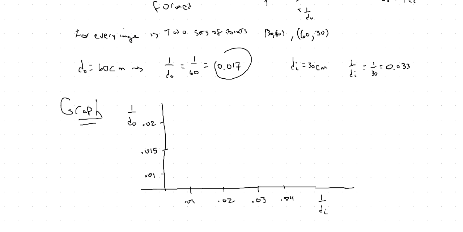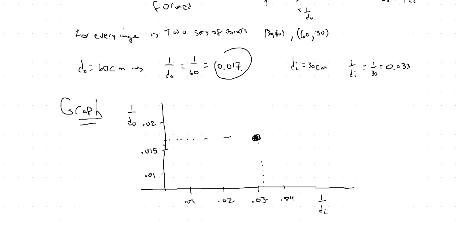All right. So let's see. We need 1 over DO is 0.017. So here's 0.015, here's 0.016, here's 0.017, somewhere around here. And 1 over DI is 0.033. So here's 0.03, 0.04, so it's going to be somewhere here. So if I go up something like this, I'm going to get a point over there.